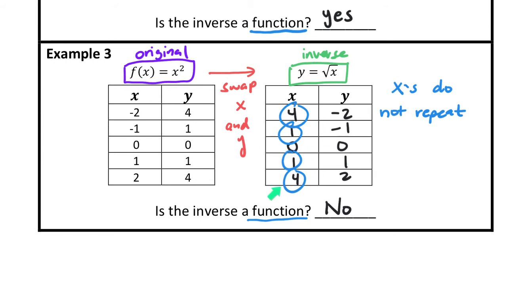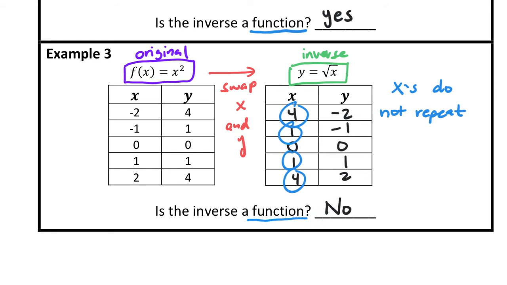There's something we're going to need to do in this situation, and we'll talk about that more when we get to graphing these functions. But for now, I noticed that the x's repeat, so the inverse is not a function.